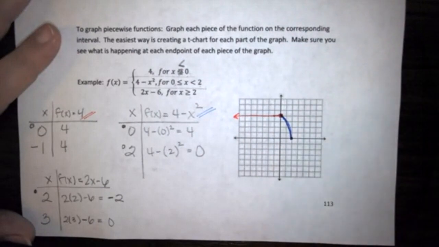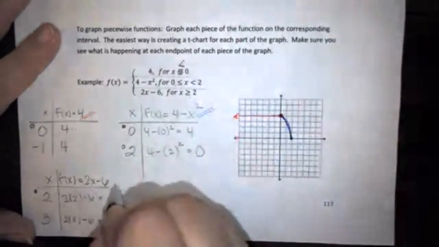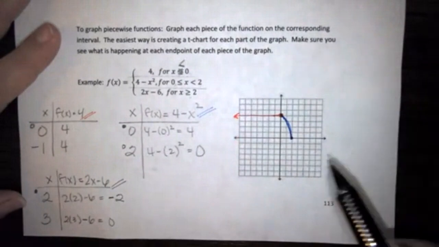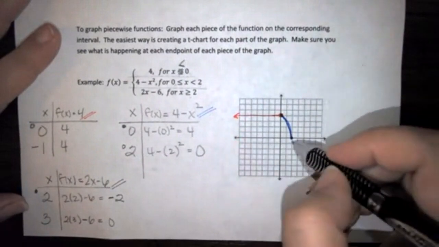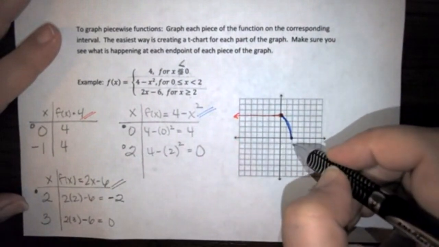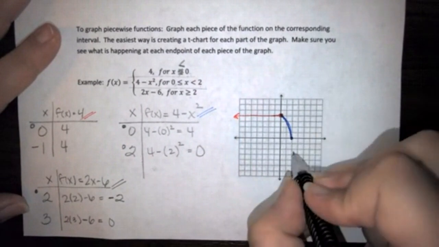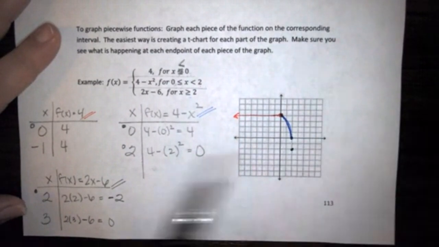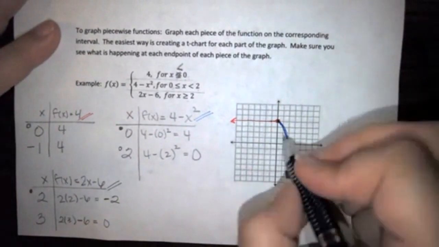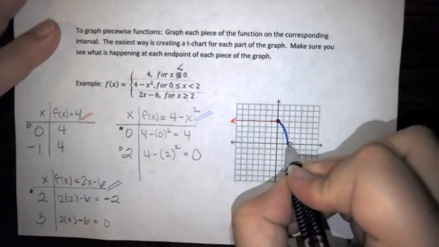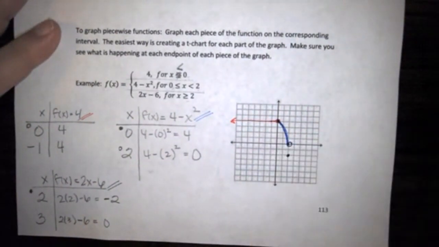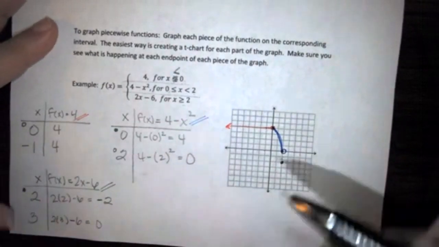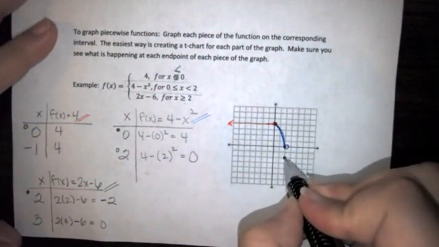Then the last thing that we have is the last one. Here we're going to go to 2, but down to -2, and this is included. Oh, and pay attention, this one should have been an open circle here. So this one is included here.